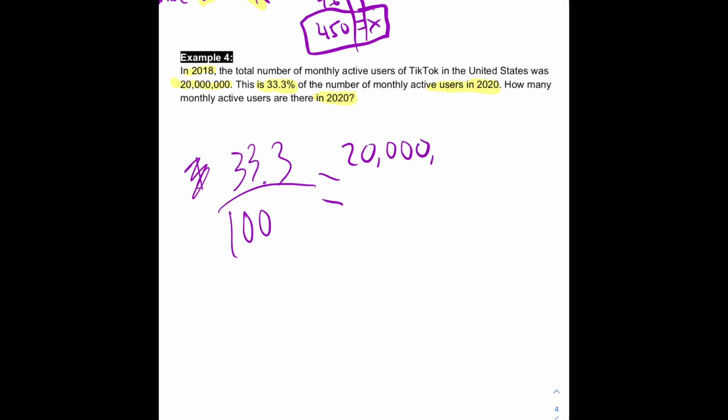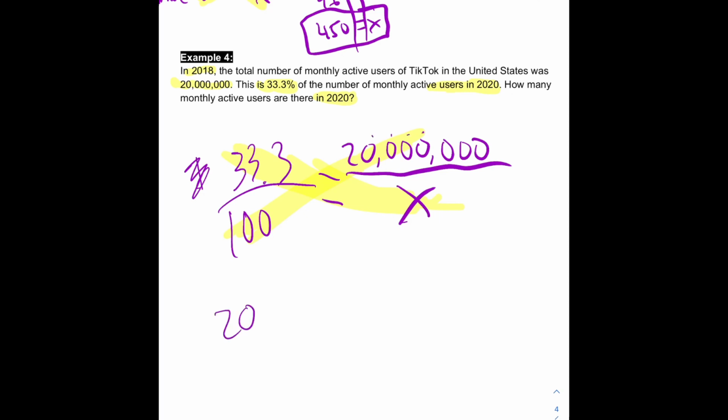So if we are thinking about this case, I have 33.3 over 100 equals, and I know that this number that I used was from 2018. That is only 33% of my new total. So that's why I put it on the bottom, because we need to figure out what our new number is going to be. So cross multiplying, I'm going to get a lot of zeros here.